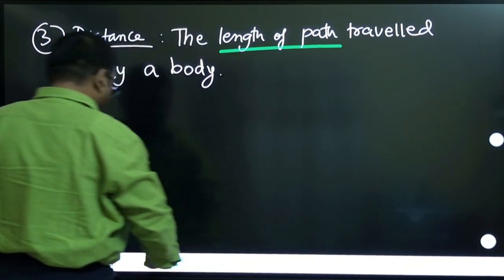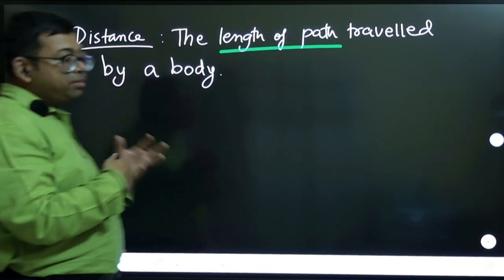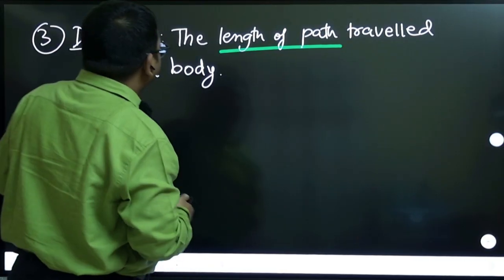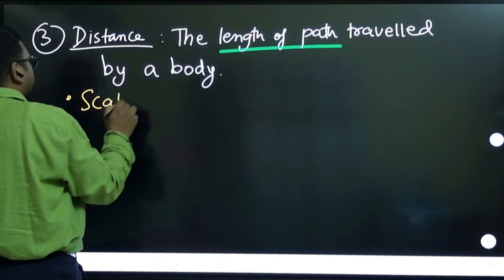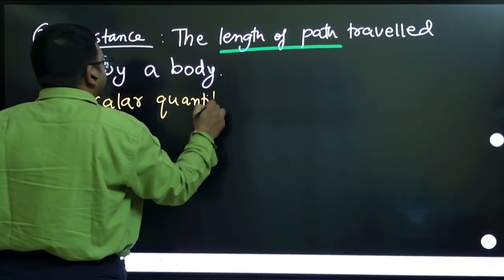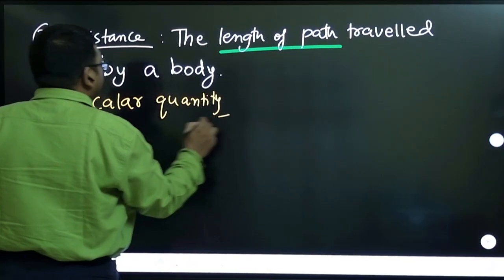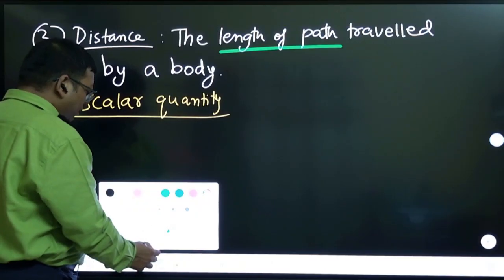Length of path is nothing but just the measurement of distance. So distance is a scalar quantity. It does not have any direction. Distance is scalar quantity. Okay. Now, in general, a body can go any path.